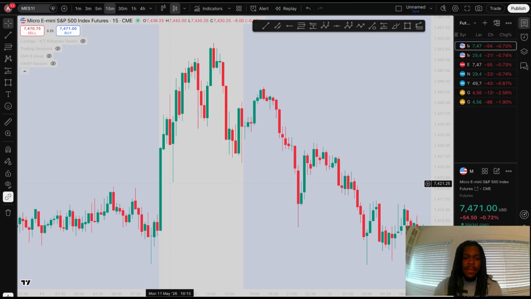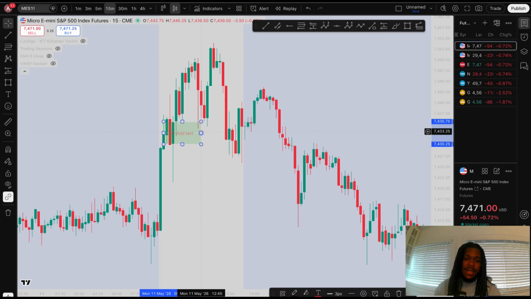The bottom of this wick shows how far down price went before ultimately closing bullish, which is the green candle, which is up. And we see that it closed bullish from the bodies. So you have wicks of the candle, and you have bodies of the candle.